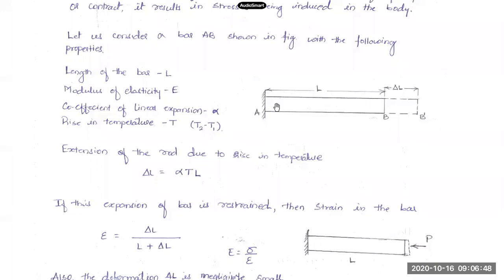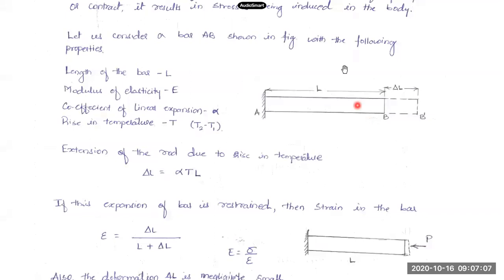There will not be any temperature stresses in this bar if it is allowed to expand freely. In case this expansion is restrained, say I don't allow this bar to expand by any amount, then we will come across temperature stresses.